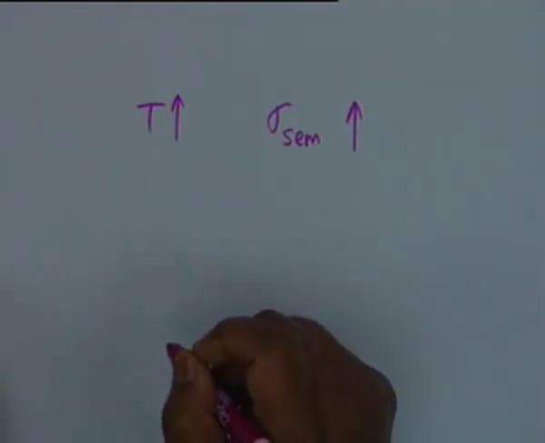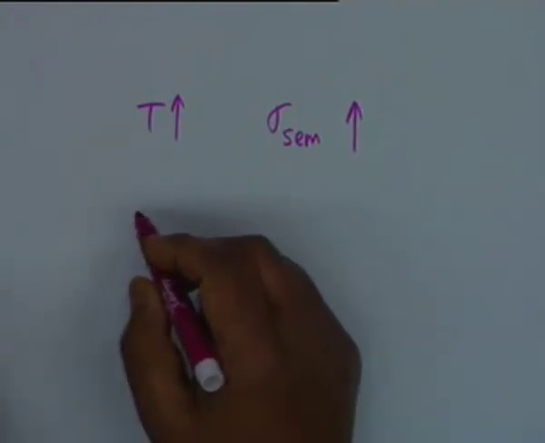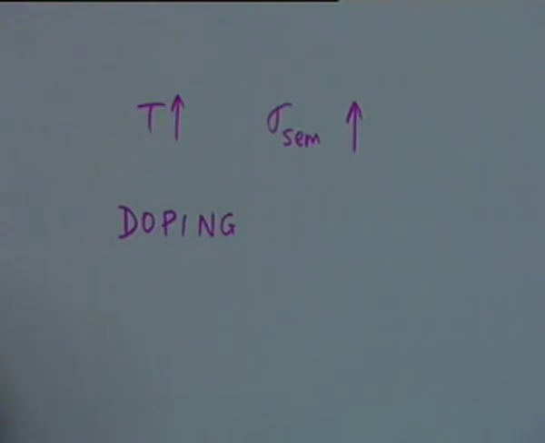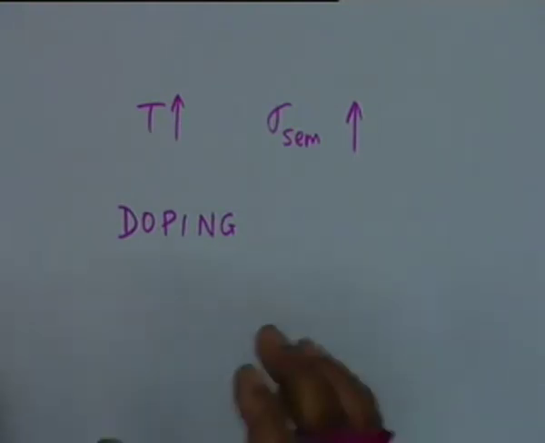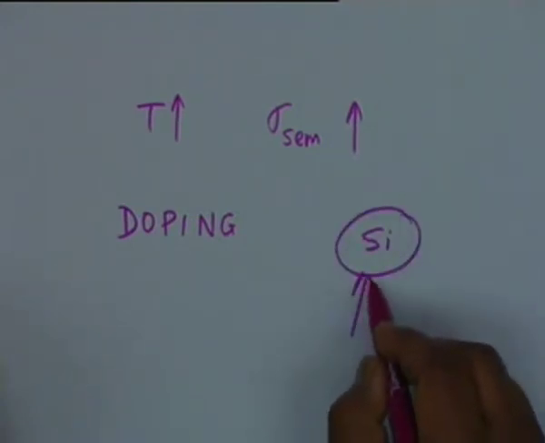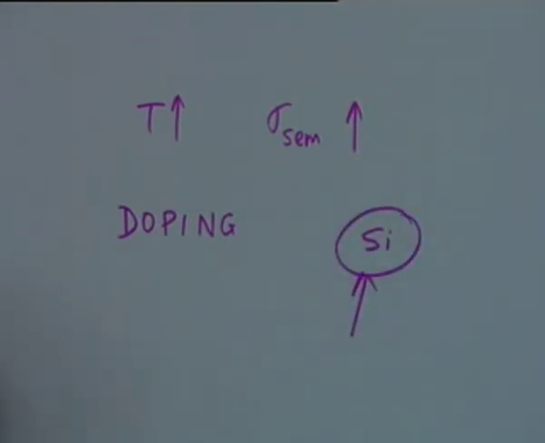small amount of impurity in the semiconductor, and this process technically is known as doping. Doping, that is, you dope a semiconductor, let us say silicon, with some amount of impurity. This impurity has to be a special kind of impurity. It has to be an element from a neighboring column of the periodic table.